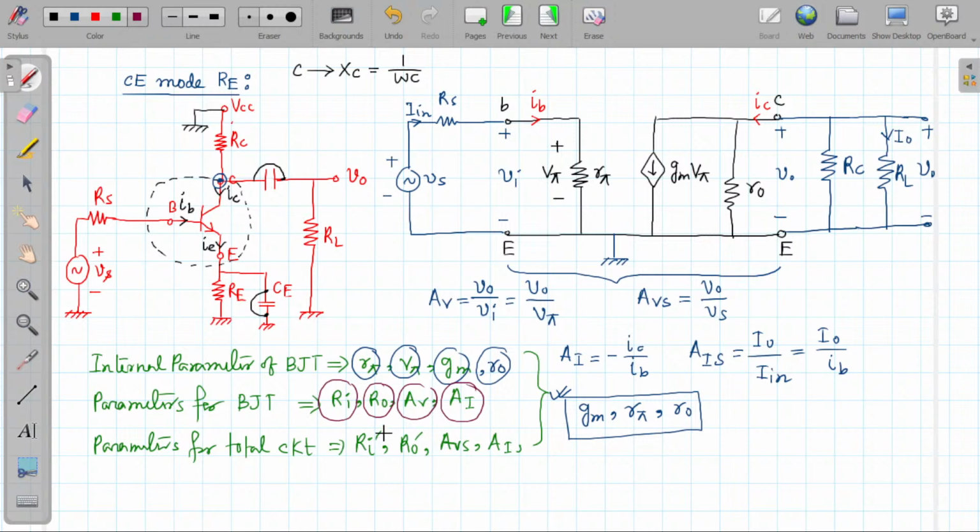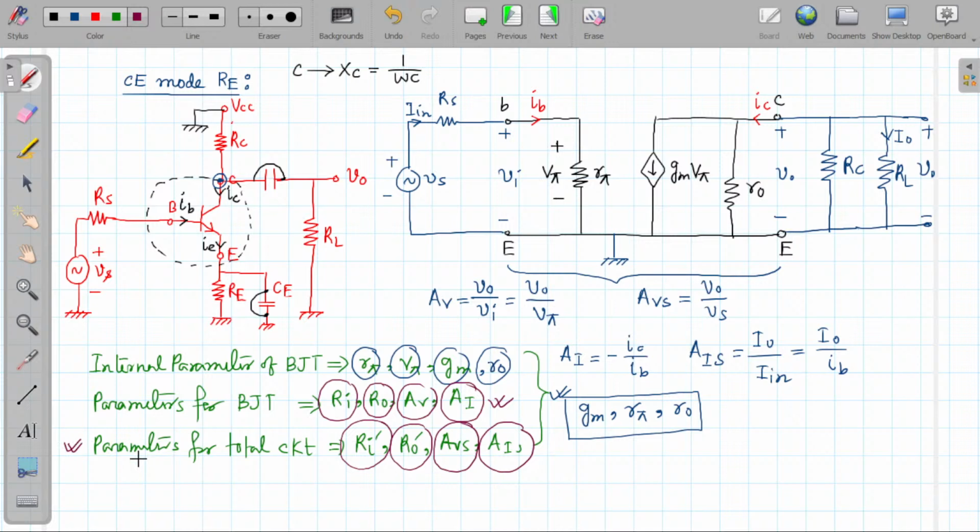And you have to calculate the input impedance, output impedance, voltage gain, and current gain for the total circuit. So this row belongs to the individual BJT only. But this row belongs to the total circuits.